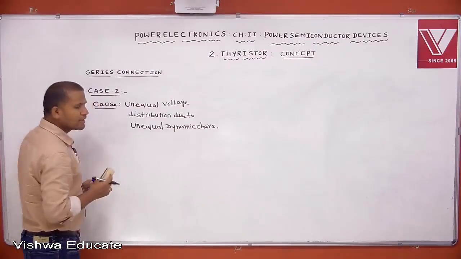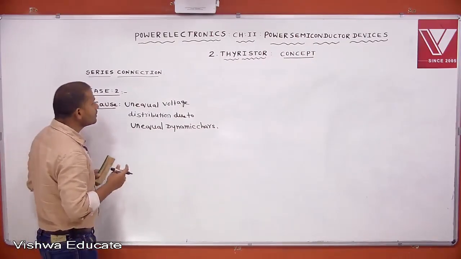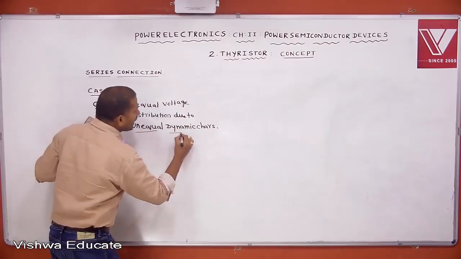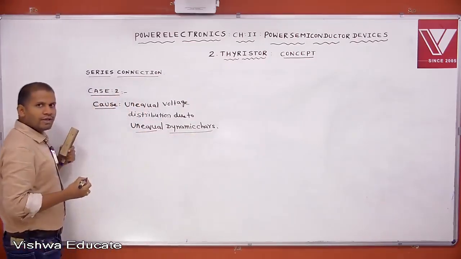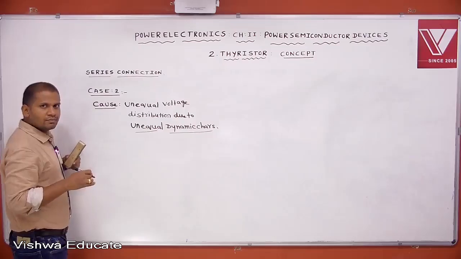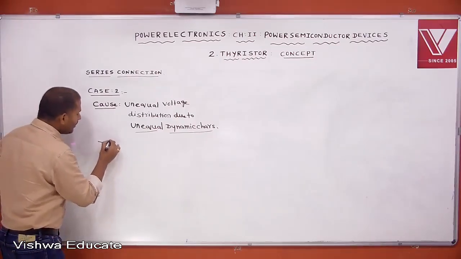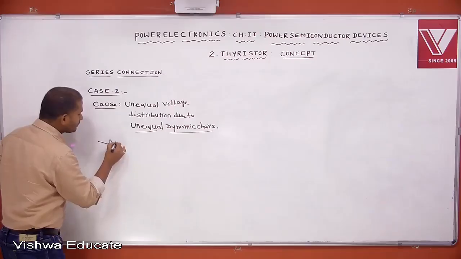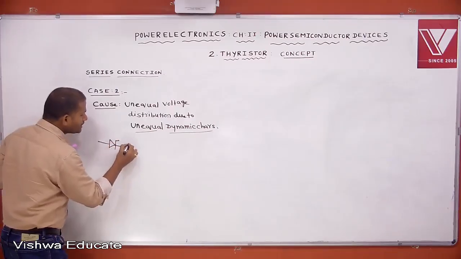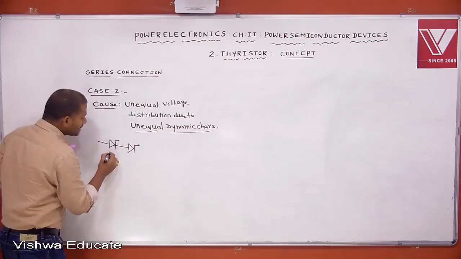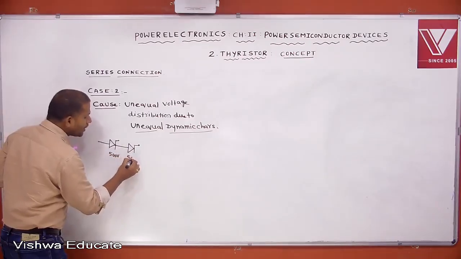Just one or two points I want to give with respect to the cause, that is, unequal dynamic characteristics, even though SCRs have the same rating and same specification. For example, I am using 2 thyristors. Let us assume this is a 500 volts thyristor and this also is a 500 volts thyristor.